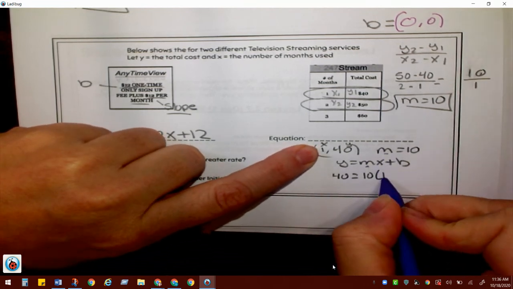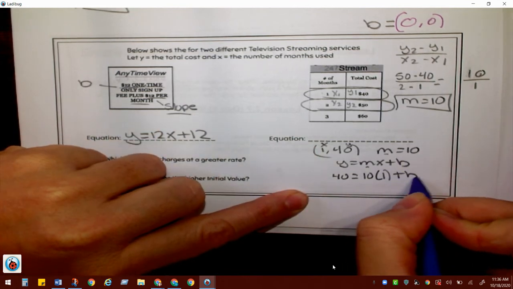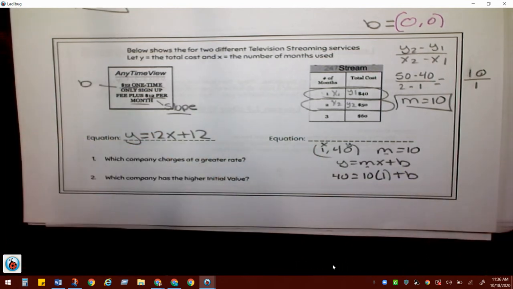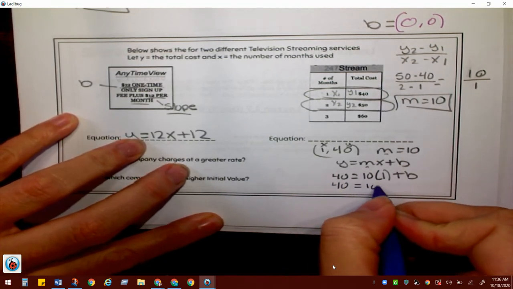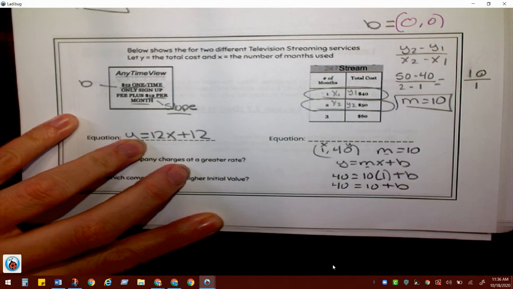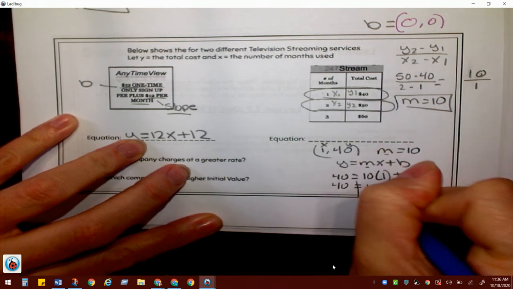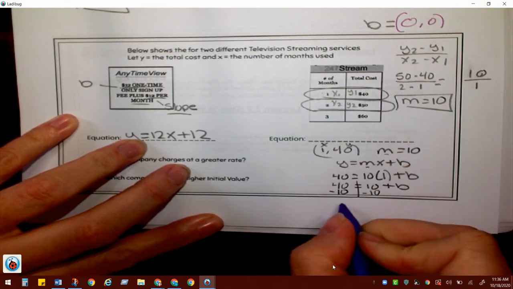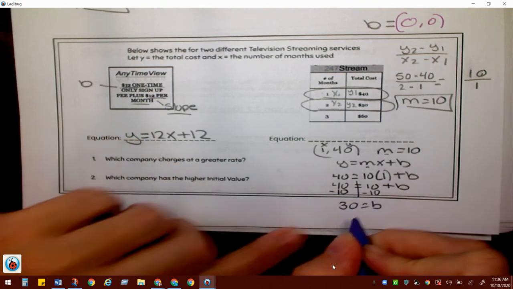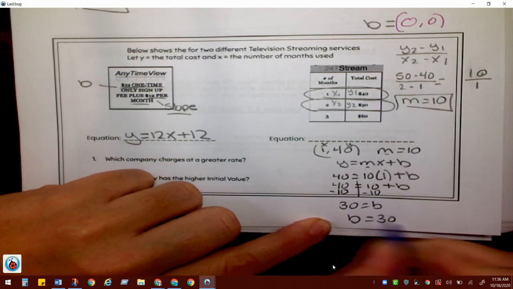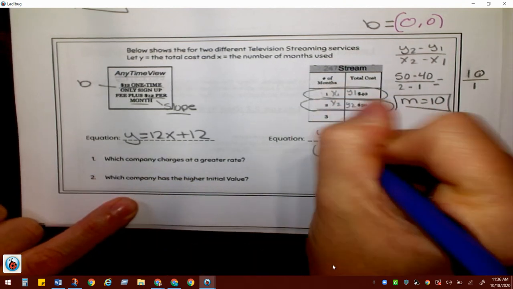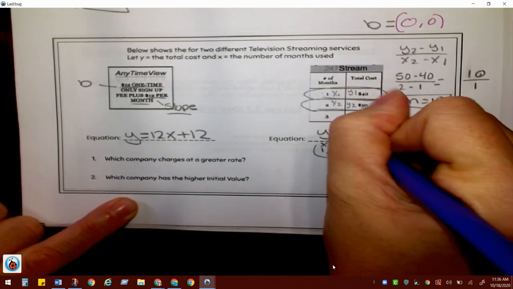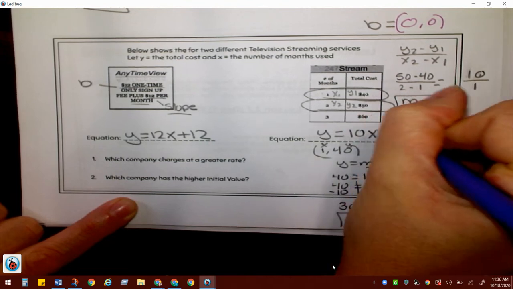X is 1, and then plus b because I'm trying to find my y-intercept. And then simplifying, 40 equals 10 times 1 plus b. And then to get b by itself, I subtract 10. So 30 equals b. So my b is 30. So now I have my slope and my y-intercept, and I can create my equation. Y equals 10x plus 30.